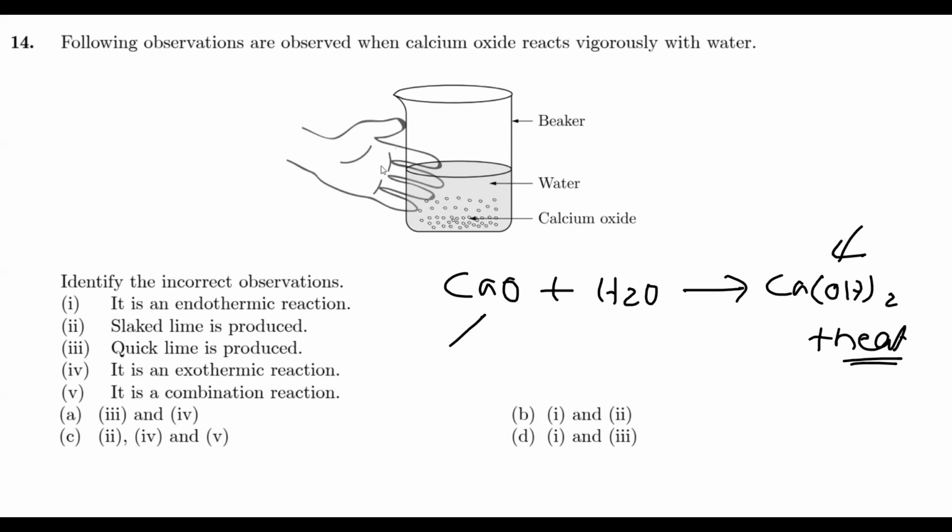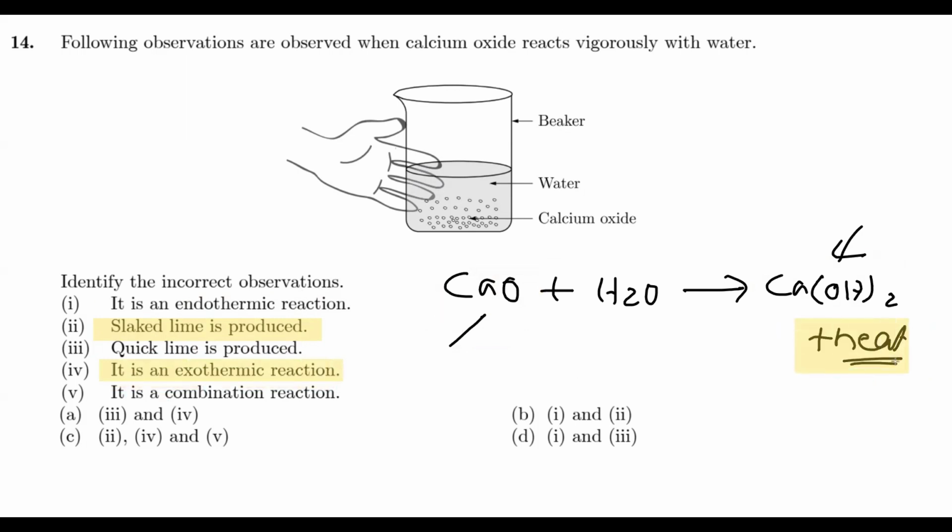So let's read the options. The first option says it is an endothermic reaction. Clearly not, because here the heat is evolved, released. So this is wrong. Slaked lime is produced. So this is quicklime and this is slaked lime. So this is correct. Now, quicklime is produced? How come? Quicklime is a reactant, it cannot be produced. It is an exothermic reaction.